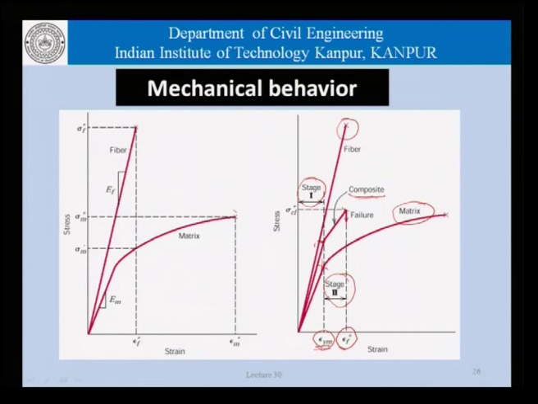So, we can see that even though the matrix itself has some capacity to sustain load in terms of higher strains, the fibers do not have that capacity, and therefore, the behavior of the composite as far as the stress strain is concerned till failure, to a certain point in time, it is linear, governed by the matrix, and once the matrix cracks, the failure is governed by the failure strain of the fibers.